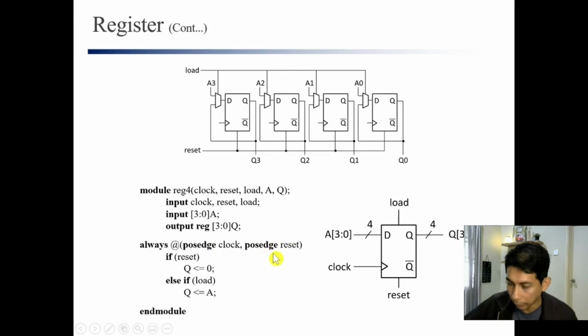All right, for negative, the keyword is negedge. So this is posedge reset. Posedge means that reset is active high also. Positive active.